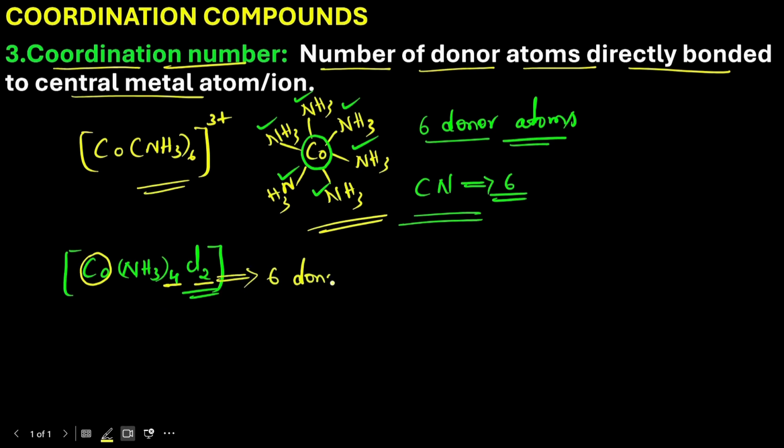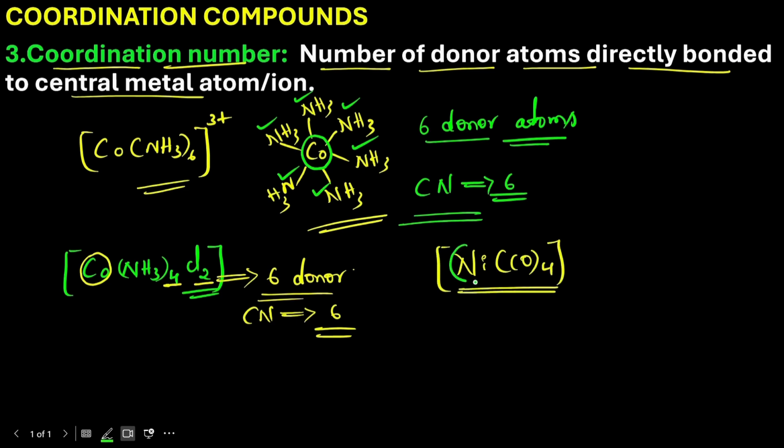Therefore, the coordination number is 6. If you consider one more example, that is nickel tetracarbonyl, here nickel is the central metal atom to which 4 donor atoms are attached. Therefore, the coordination number is equal to 4.